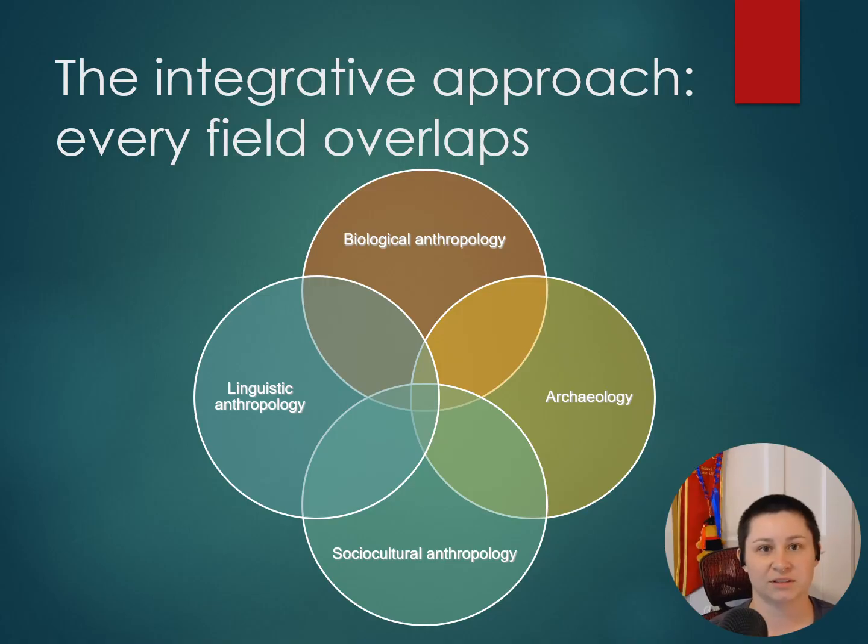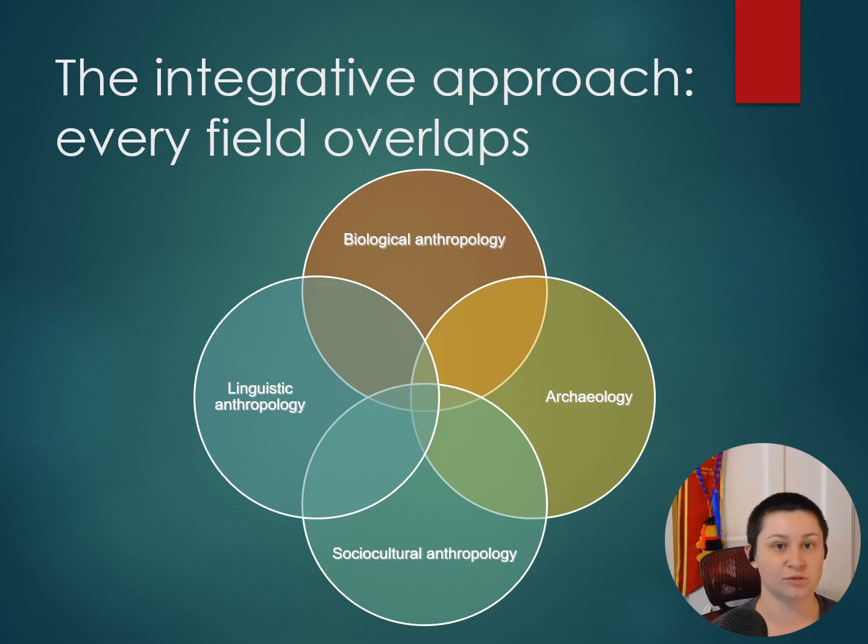So anthropologists take an integrative approach with the 4 fields. So for example, I specialize in biological anthropology because I study forensic anthropology, an applied branch. But in forensic anthropology, I have to integrate linguistic anthropology, archaeology, and sociocultural or cultural anthropology into my forensic work because I would do a pretty bad job, and I would have a pretty narrow mind if I was strictly only thinking about the hard science and forensics.